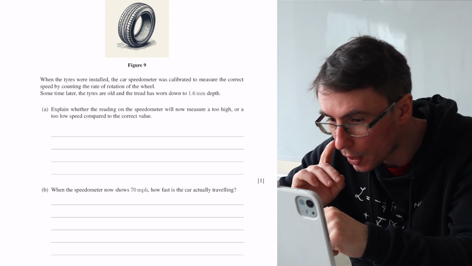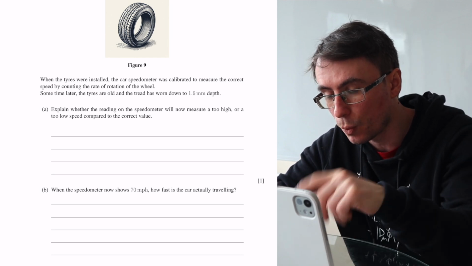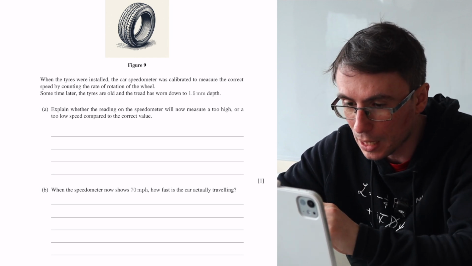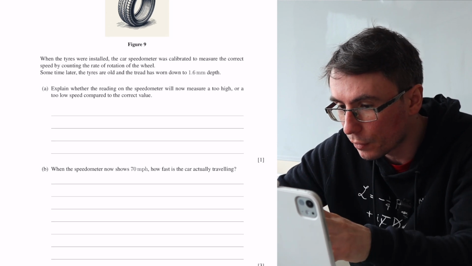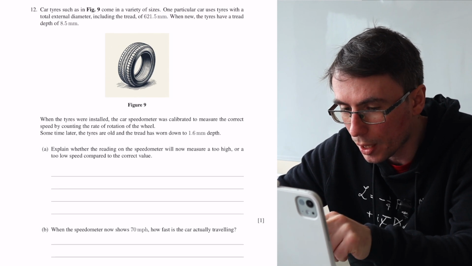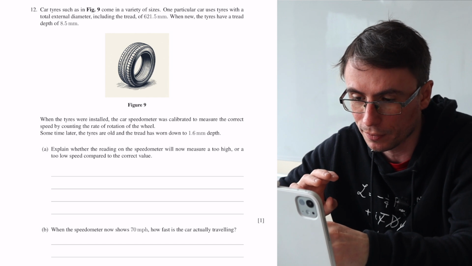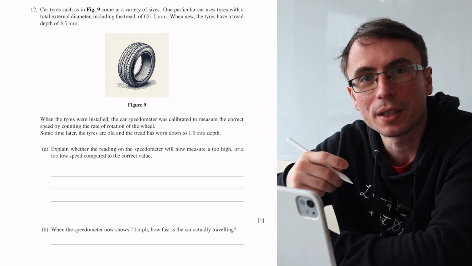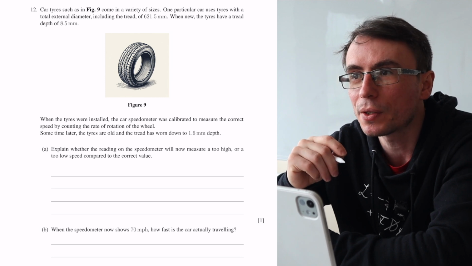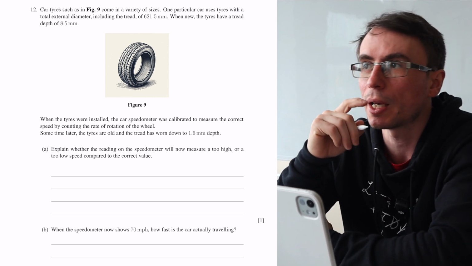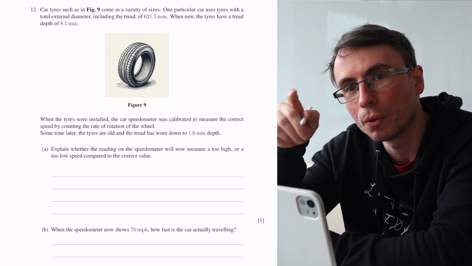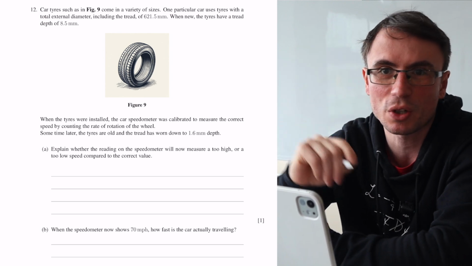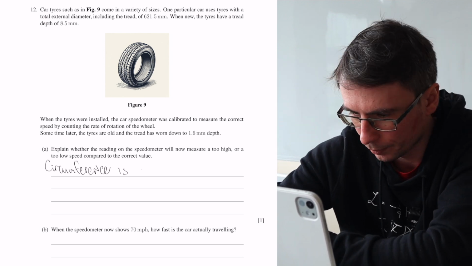Some time later, the tires are old and the tread has worn down to 1.6 millimeters. Explain whether the reading of the speedometer will now measure a too high or too low speed compared to the correct value. So the speed actually will appear faster than the correct speed, and this is because the circumference is now going to be smaller, so the wheel is going to be essentially rotating faster.